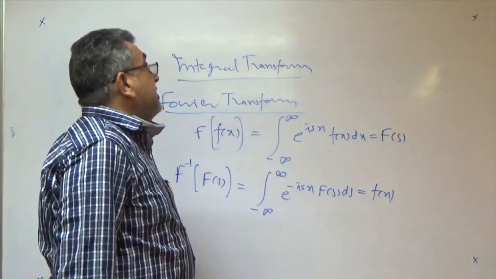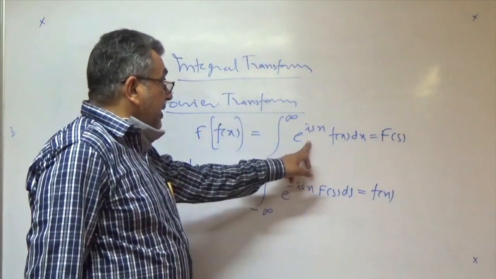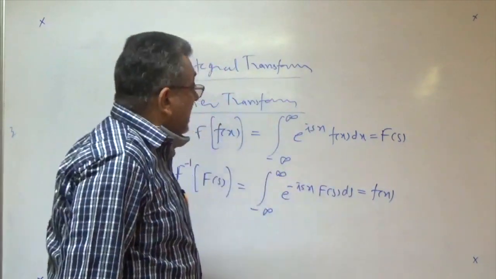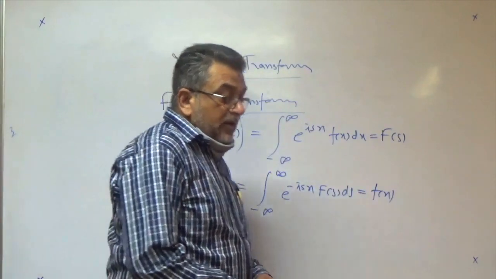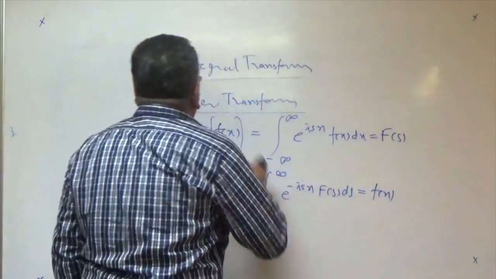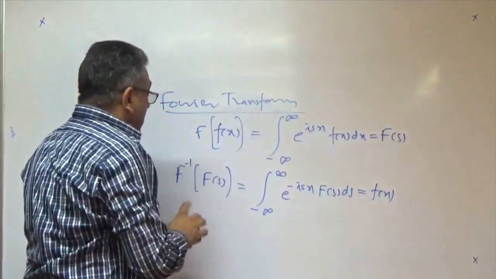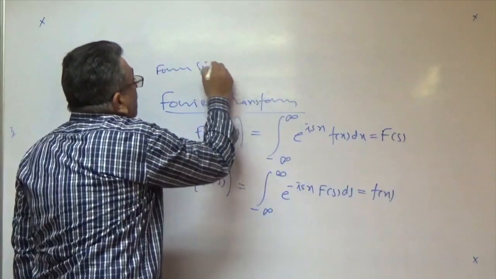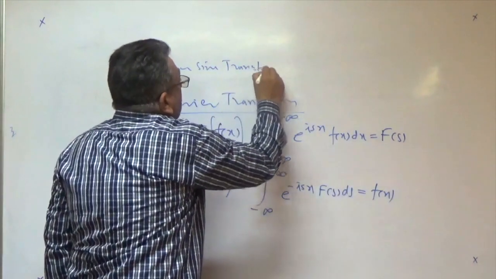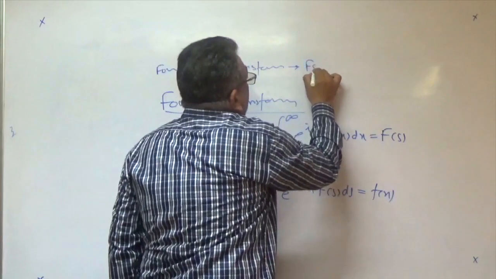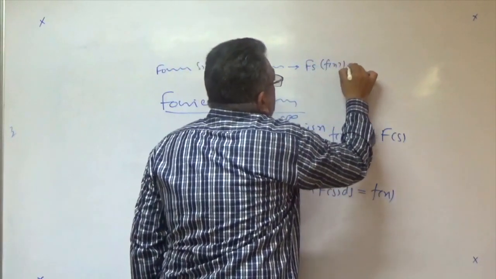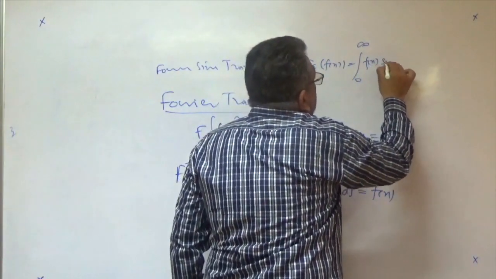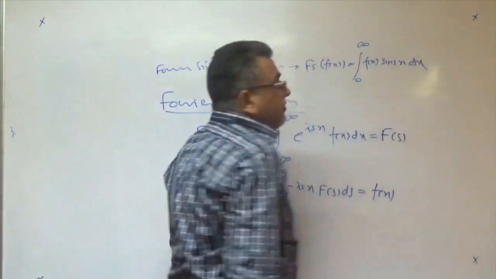If you express this by Euler's theorem in two parts, cos sx and sin sx, and take the real and imaginary parts, you will get two other types of Fourier transform. One is the Fourier sine transform, Fs of f(x), defined as the integral from 0 to infinity of f(x) sin sx dx, the imaginary part of the Fourier transform.